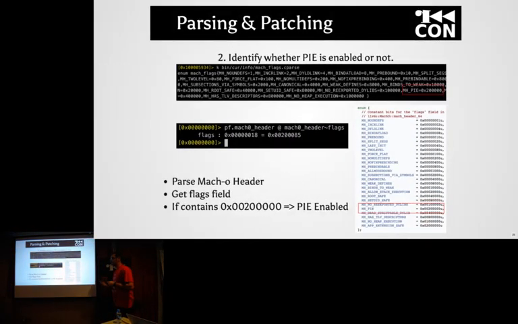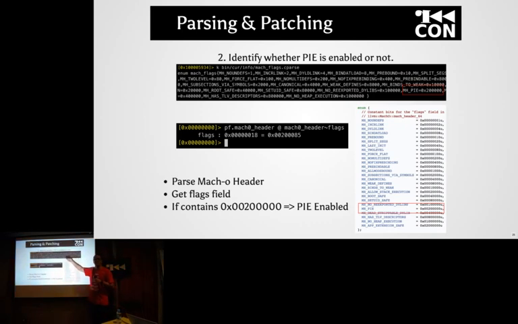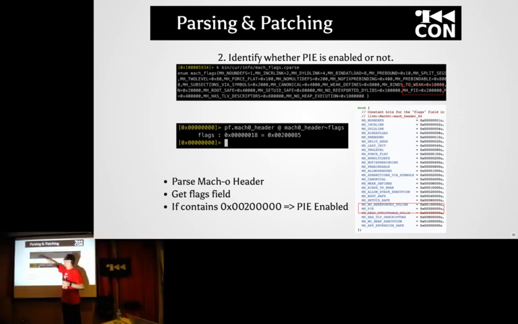Second part, you have to read the Mach-O file, and then you have to identify if PIE is enabled, so if the binary is compiled with position independent execution. You can do it just by checking the SDB database, the string database that Radare is using, with that command, with k and that namespace.